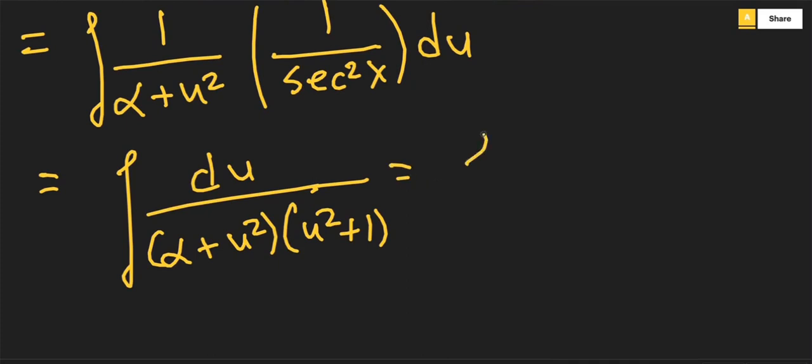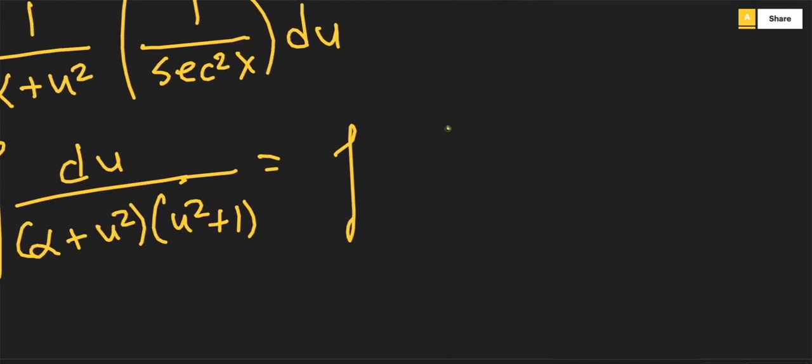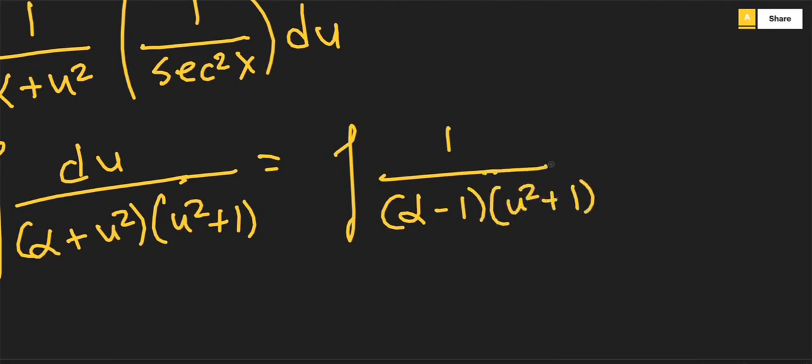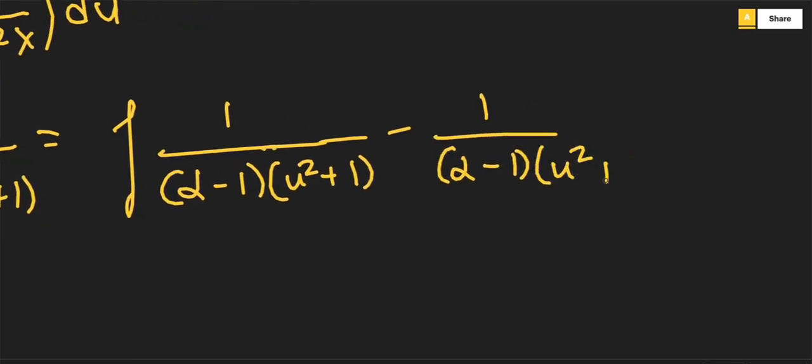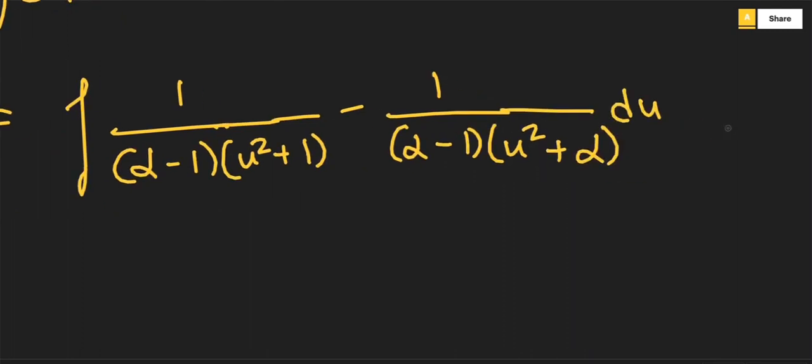So we can use linear partial fractions to decompose this. And this will become the integral of 1 by alpha minus 1 times u square plus 1, minus 1 by alpha minus 1 times u square plus alpha, du.